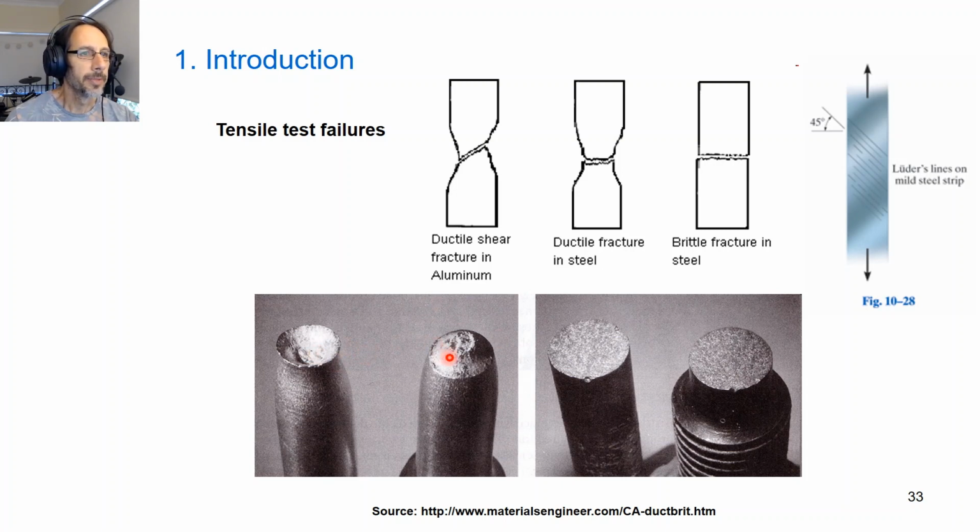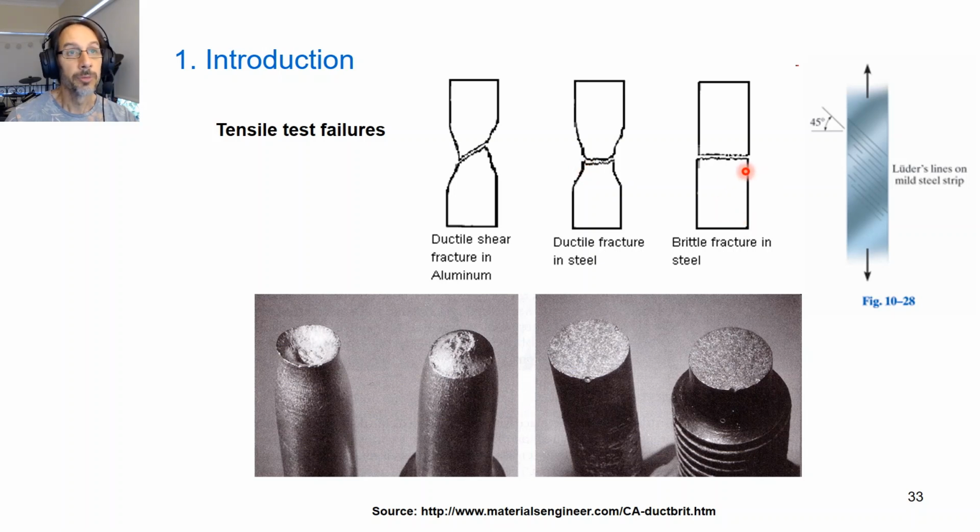And in aluminium, this is very pronounced, depending on the relative ductility of the steel. You might get very little of this cup and cone, and you get more just this flat region where the final failure was in normal stress. But initially, the yielding begins at 45 degrees here along the planes of maximum shear.